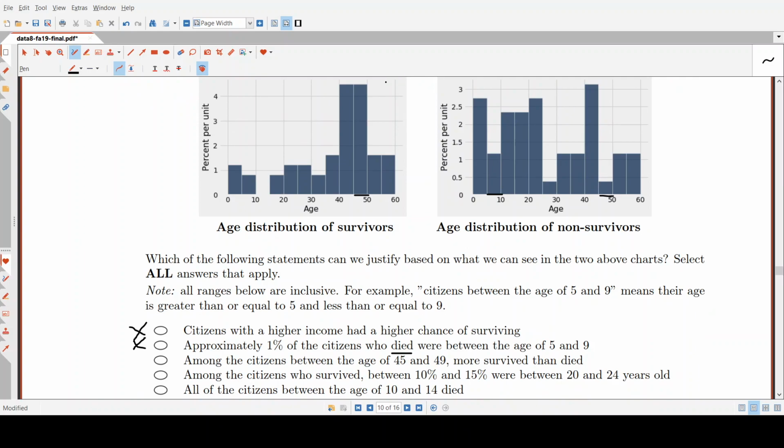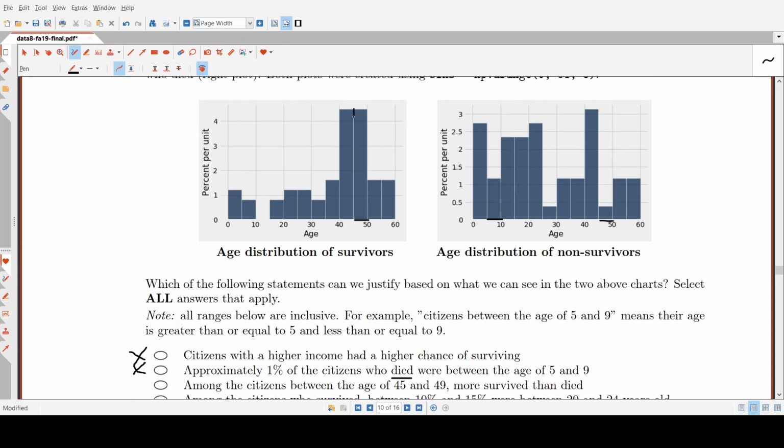Okay, so here we see the bin is about 4 or 5% high in the survivor graph, and then it is about 0.5% high in the non-survivor graph.